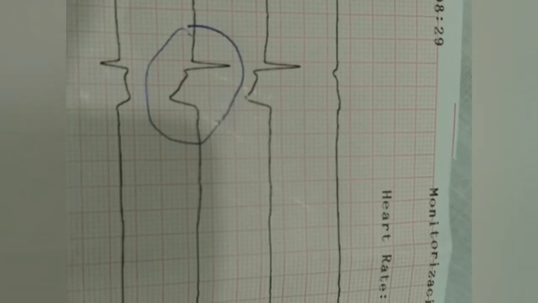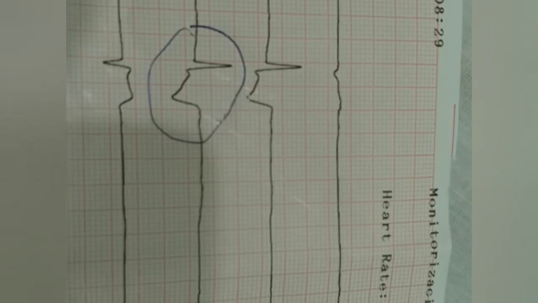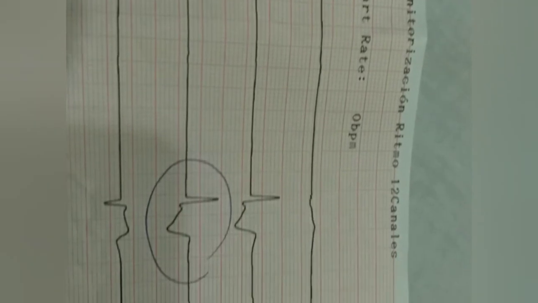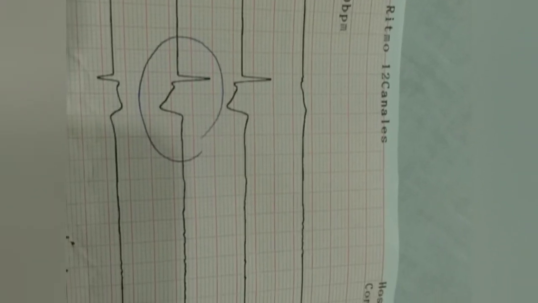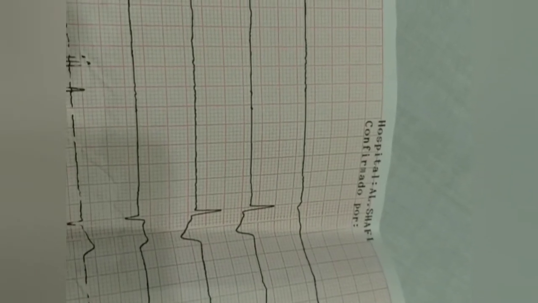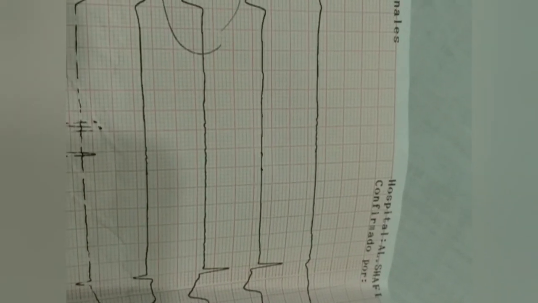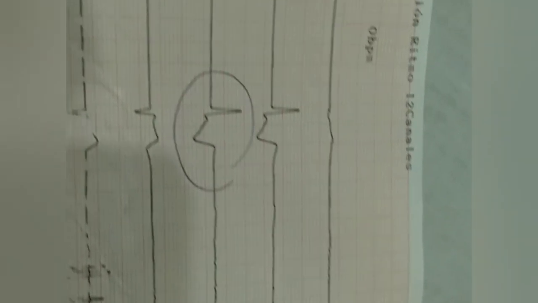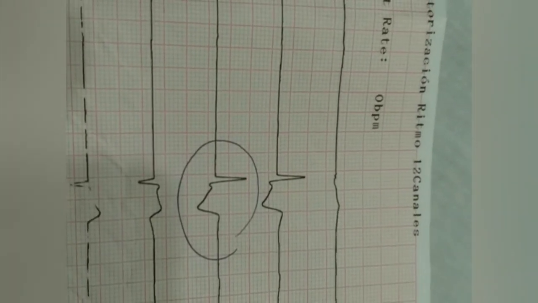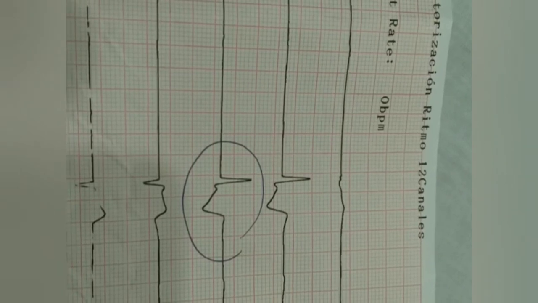So how can you calculate the heart rate in case of these very few QRS complexes? You count 30 large boxes, then you count the number of R waves in those 30 large boxes, and you multiply them by 10. That gives you the heart rate in case of complete heart block.